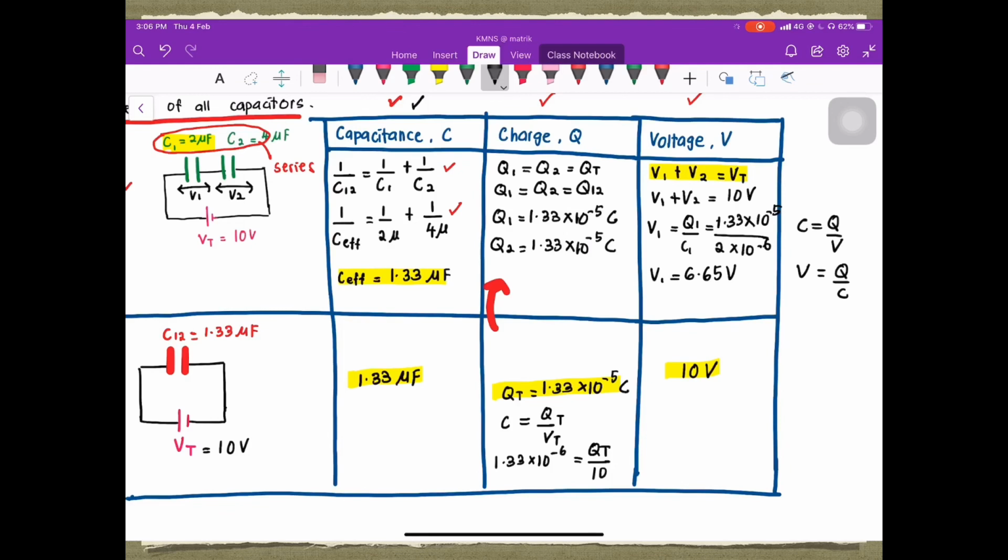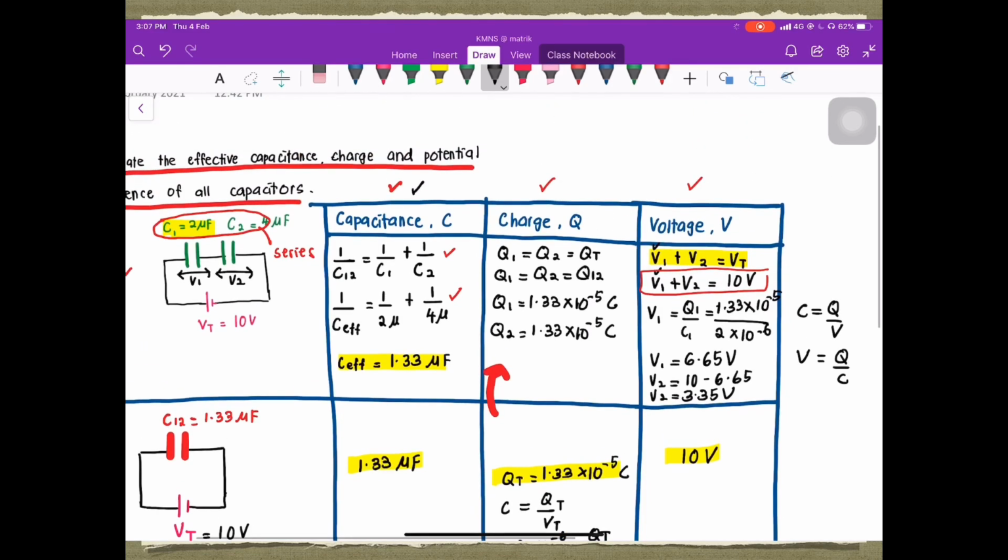After we get V1, can we calculate V2? Yes, 10 minus 6.65, from the equation here. Therefore, V1 is 6.65 volt and V2 is 3.35 volt.